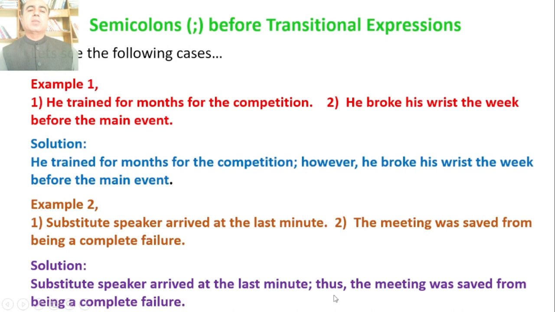That's why these are called transitional expressions. They transit, they move the idea, emotion, sentiment, effect of the previous sentence to the second one. Here, the perception or concept force of the first sentence moves to the next one. What is that? The event was saved from failure.